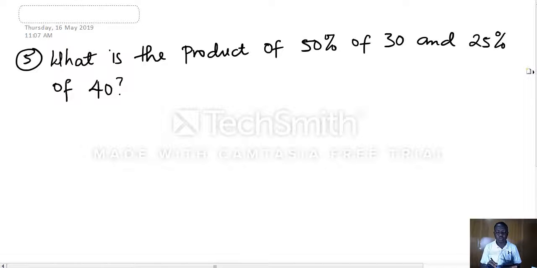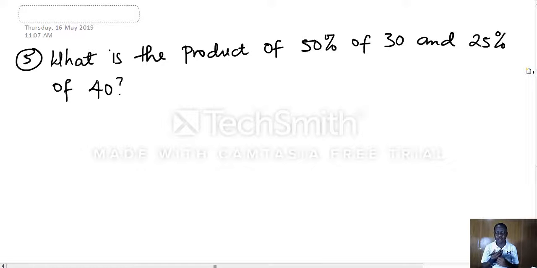Question 5 says, what is the product of 50% of 30 and 25% of 40? Product of 50% of 30 and 25% of 40.